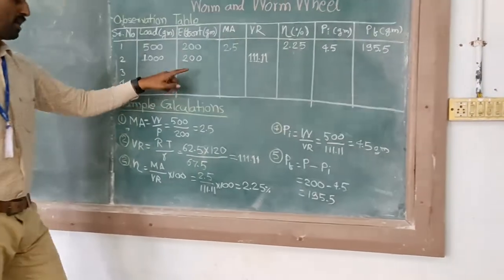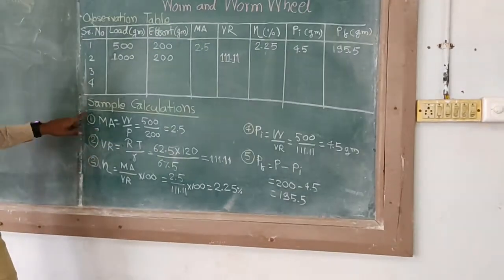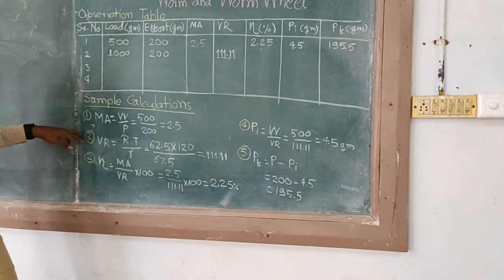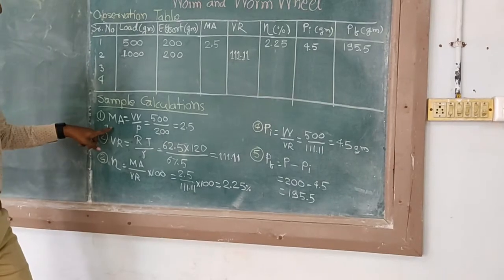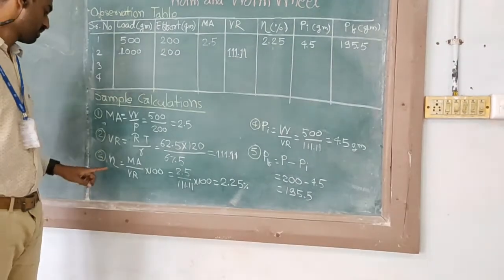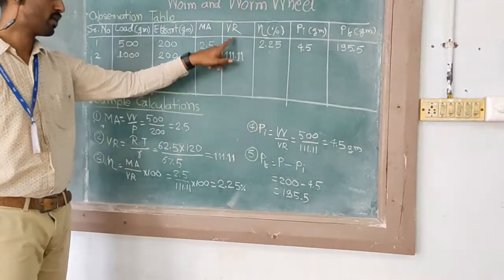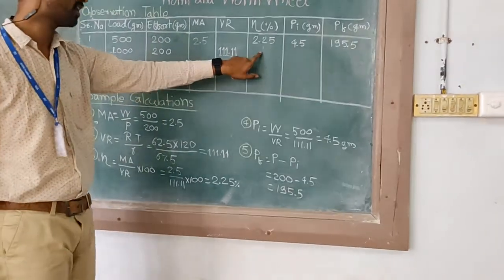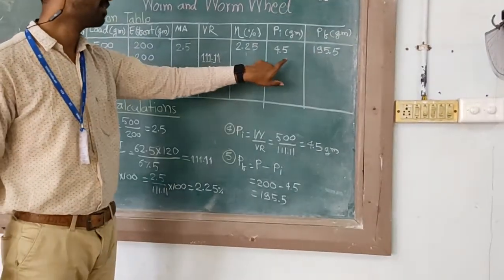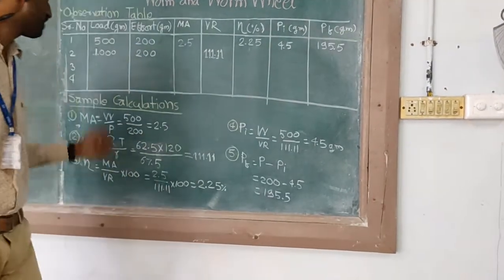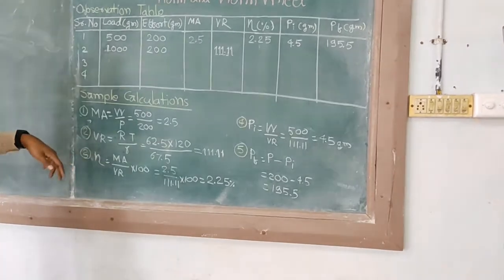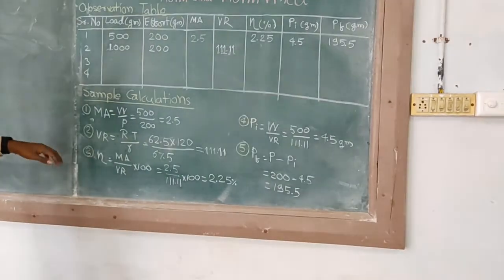We have to calculate the MA value as we calculated in the previous reading and discussed in the sample calculation. VR value for all readings is the same. We have to calculate the efficiency value, PI value and PF value as we calculated in reading number 1 and discussed in the sample calculation.